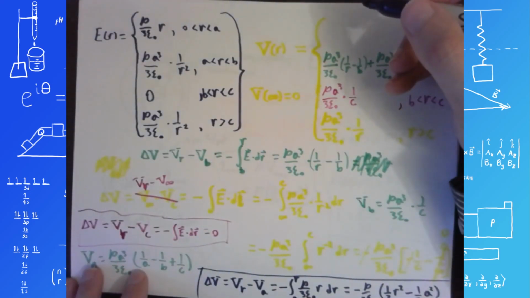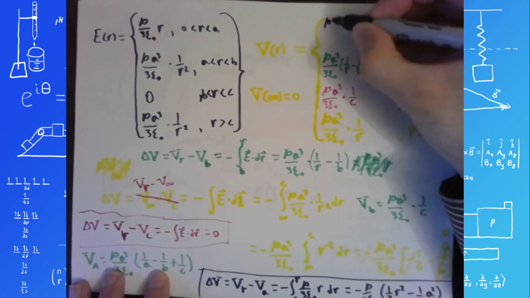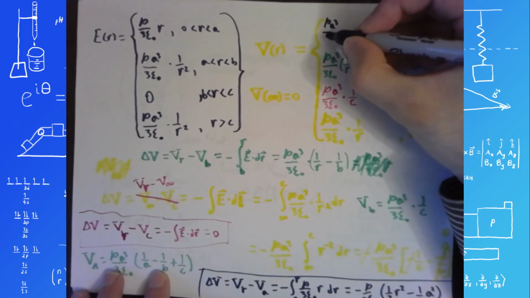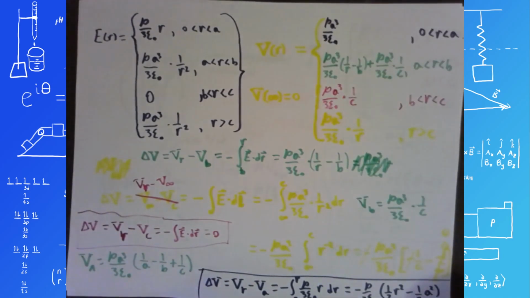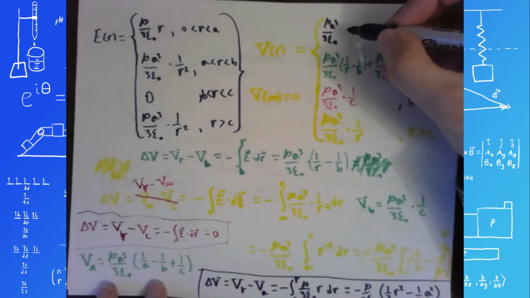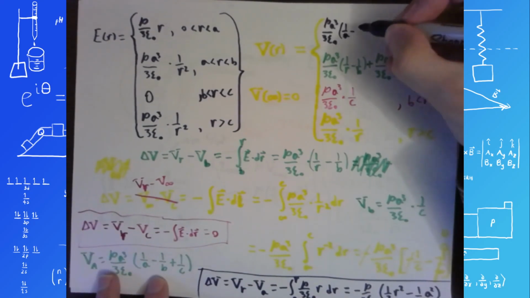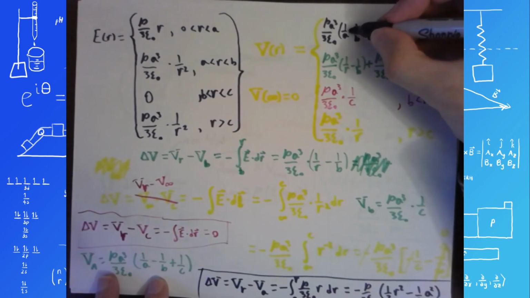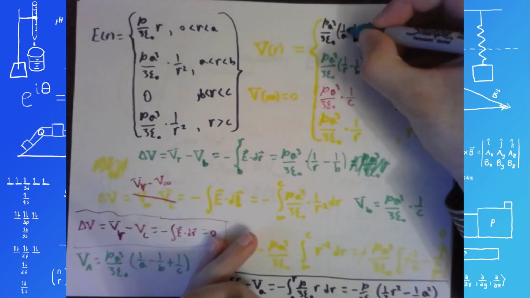So I'll do the plus VA first: rho A cubed over 3 epsilon naught times 1 over A minus 1 over B plus 1 over C. That should be a minus. I should probably just do a different color so that it's clear.